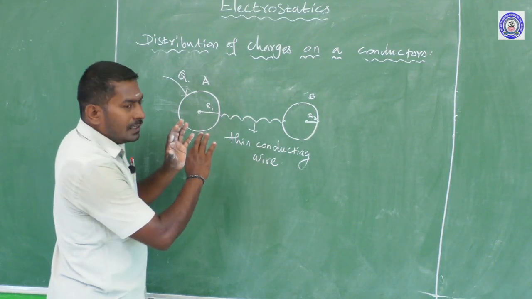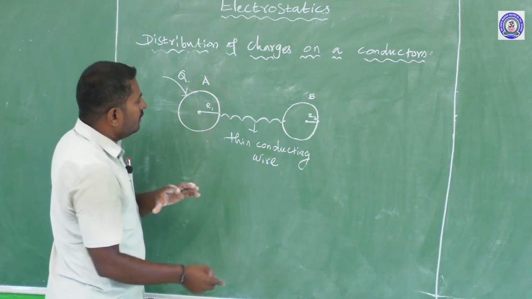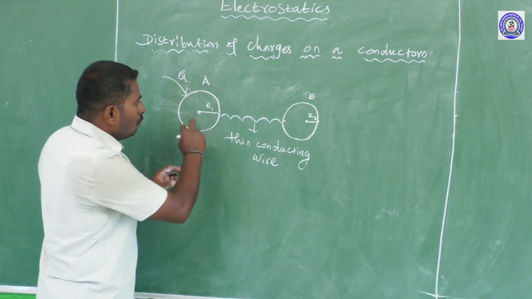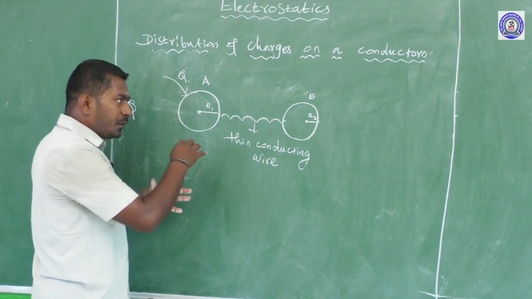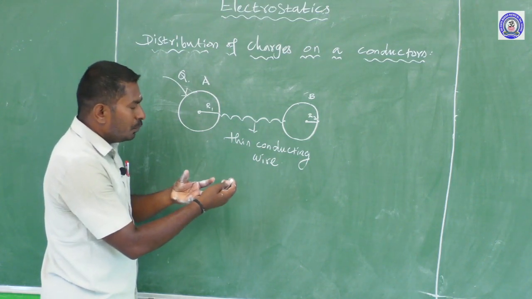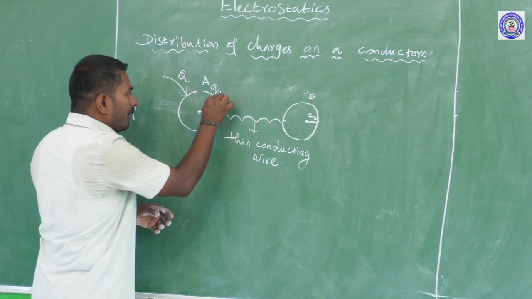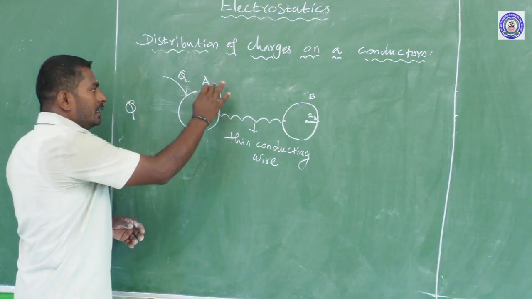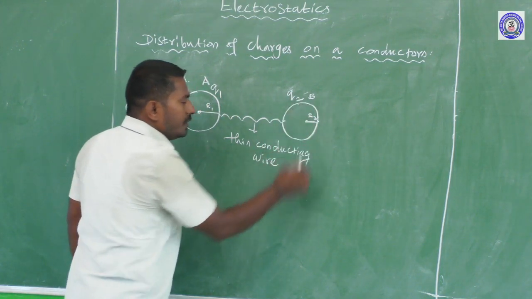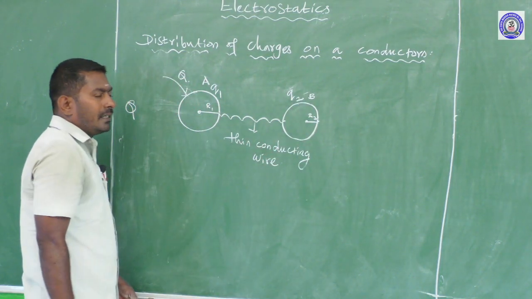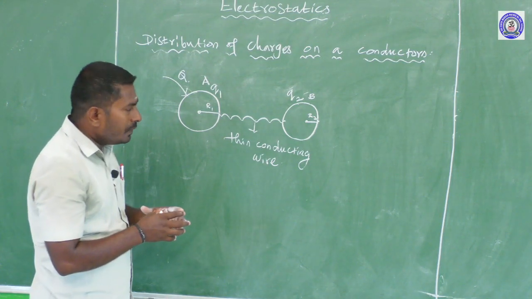The charge is distributed on both the spheres until both the spheres attain the same potential. So after both the spheres attain the same potential, Q1 is the charge on the A metallic sphere, Q2 is the charge on the B metallic sphere. So keep it in your mind.